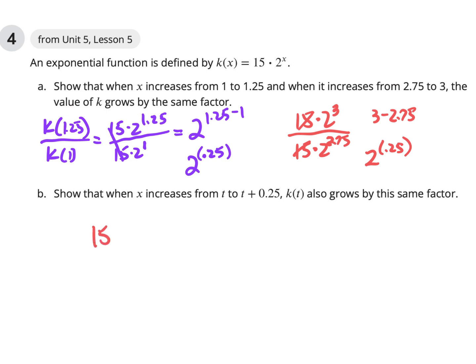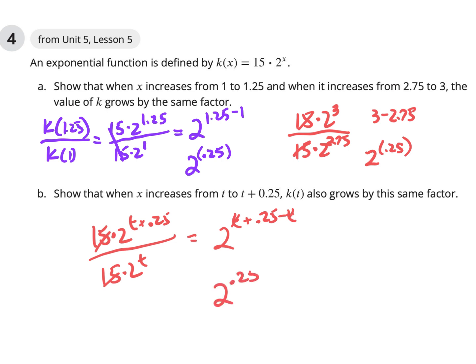So 15 times 2 to the t plus 0.25 divided by 15 times 2 to the t. The 15s cancel out. We get t plus 0.25 minus t, because when you divide the same base, you subtract the exponents, and you're left with 2 to the 0.25.